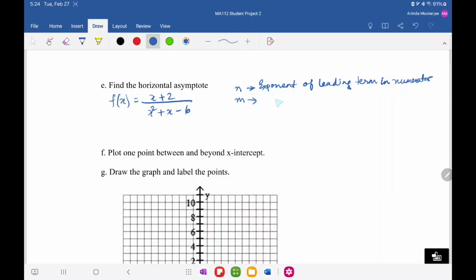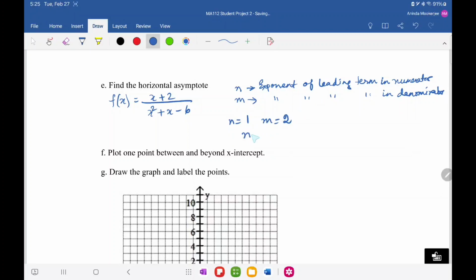It's the exponent of the leading term in the denominator. So over here, n is 1, right? The exponent of x in the numerator is a 1, so n equals 1. And m, which is the exponent in the denominator, is a 2. So m equals 2.